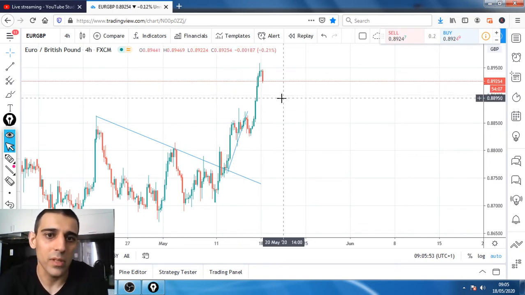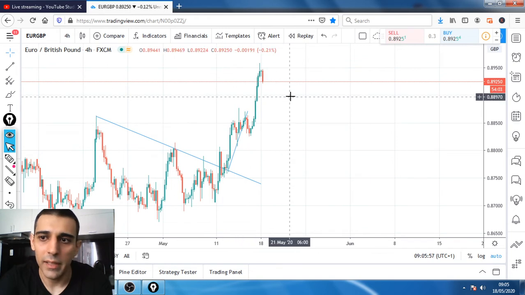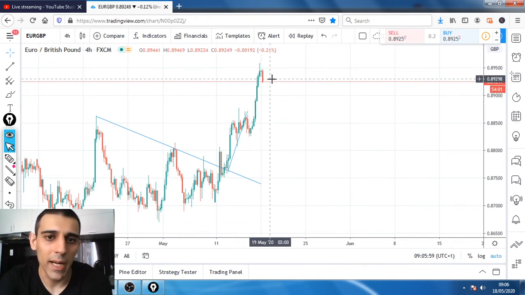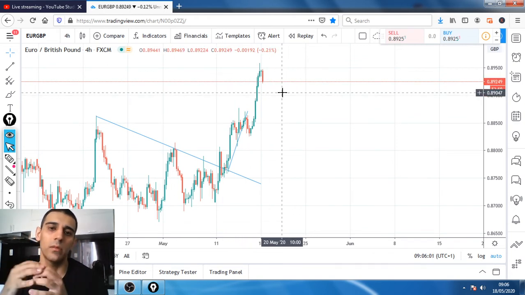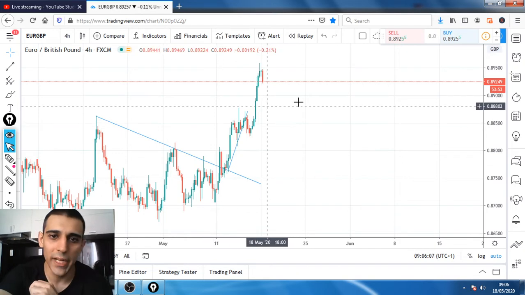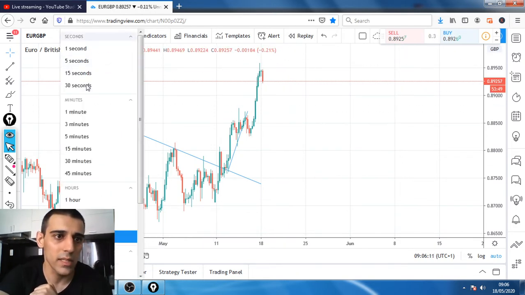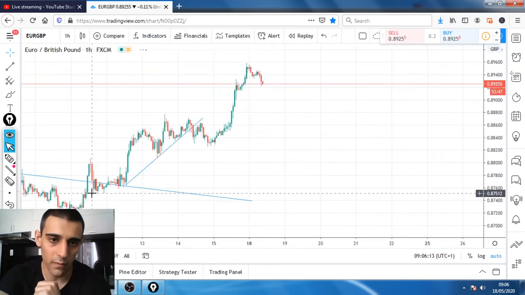I can't really remember what the level was, but probably down to that level again. But we can always look for day trade opportunities. So that's why I'm looking at whether there's potential for a short trade down to that daily low. Let's see what we have on a 1 hour time frame.